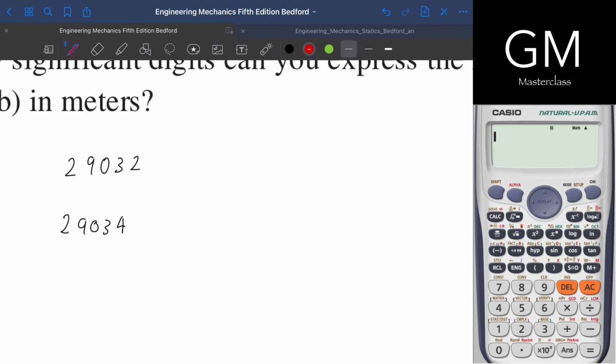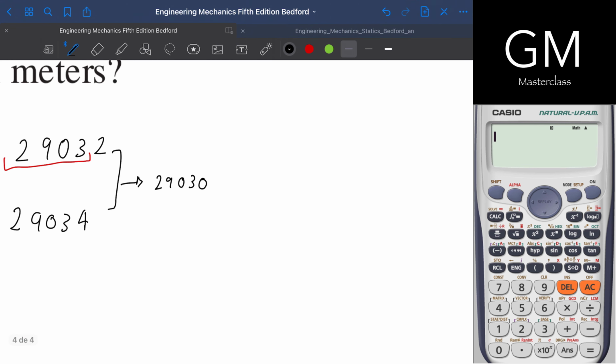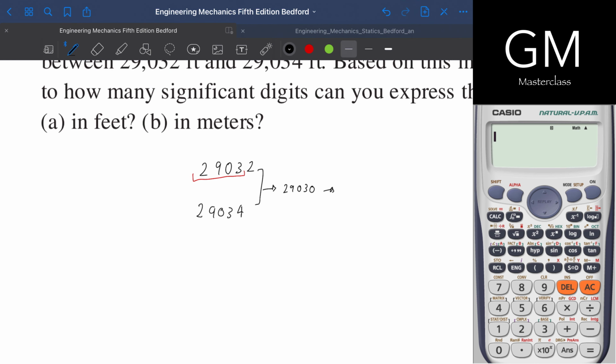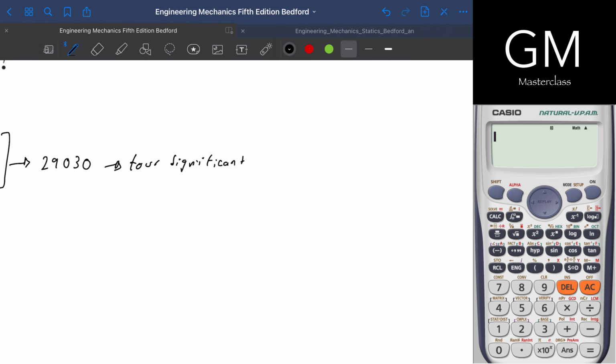So the answer is that I just have to use 4 significant digits in order for these two numbers to be expressed as equals: 29, 0, 3, and 0. So the answer is 4 significant numbers.